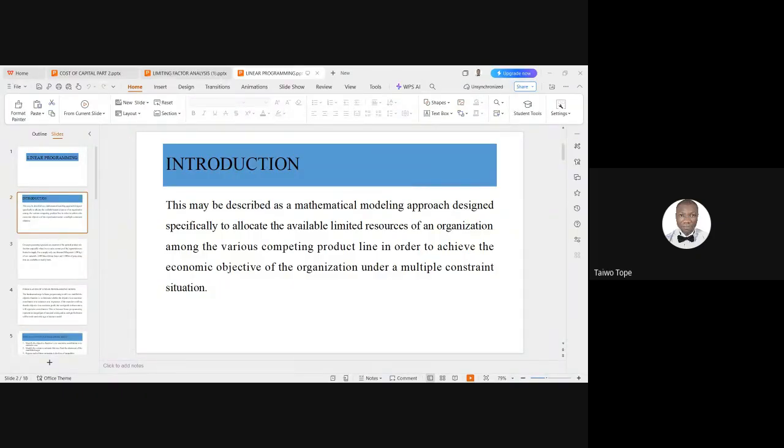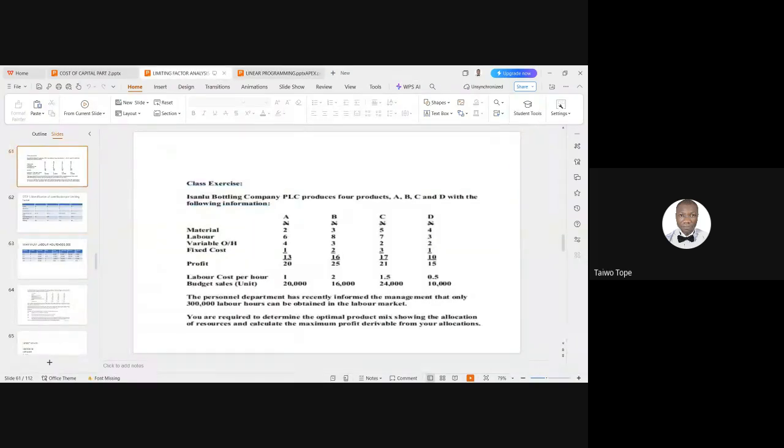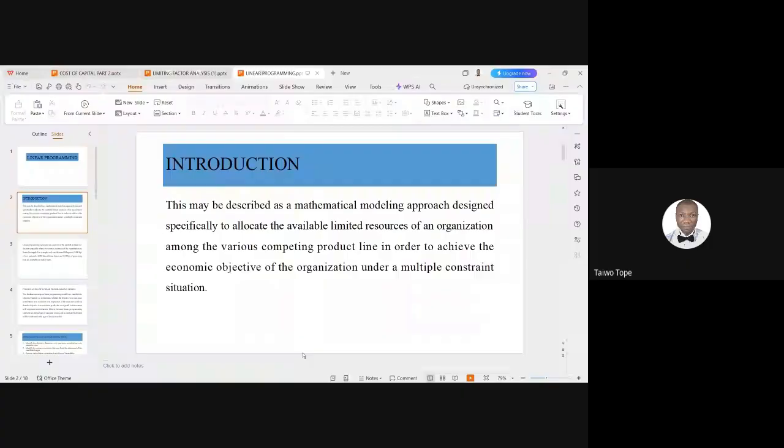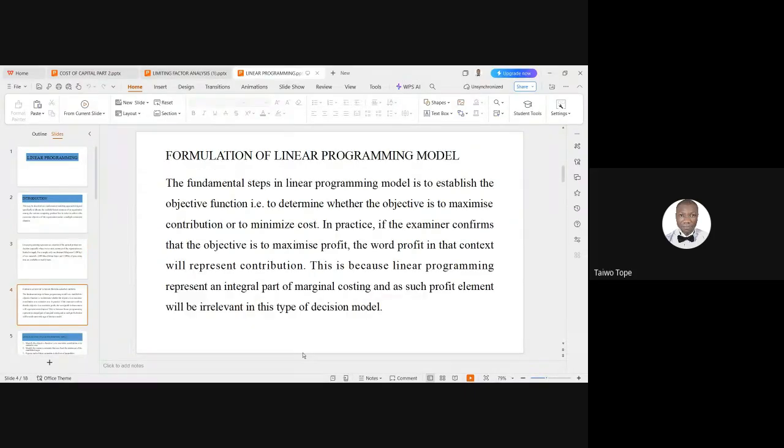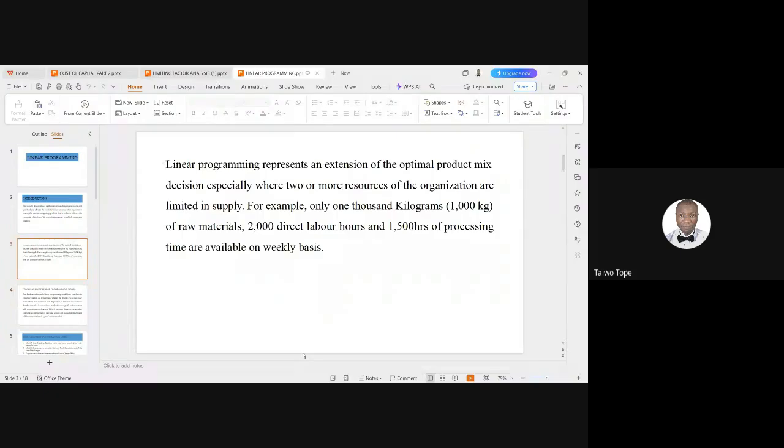Some questions can look as if it is a single limiting factor, but as we read and test for limitation and confirm if there is a limiting factor in the question, you discover that there are questions that are meant for linear programming. So that is why the first step in solving limiting factor is very important, to confirm limitation.